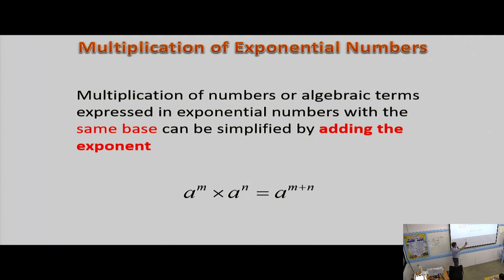Multiplication of exponential numbers, only that. Remember that is for multiplication of exponential numbers.